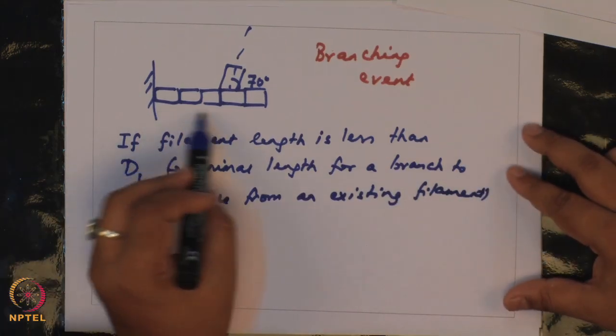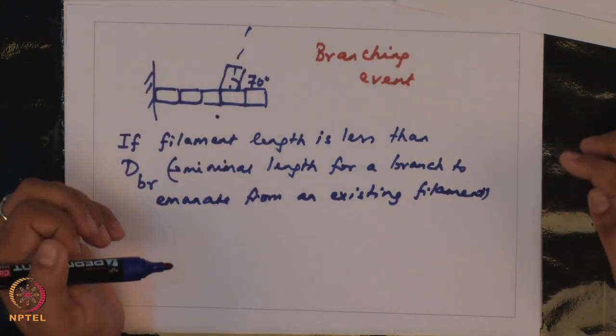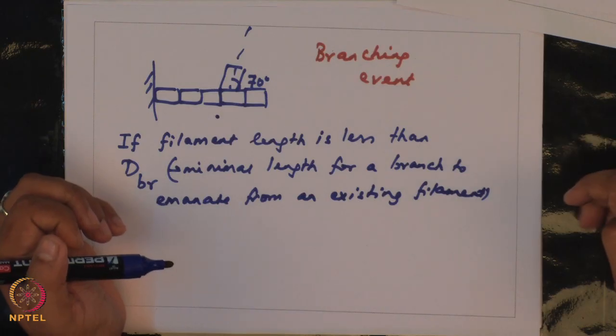So, till this filament is of length dBr, a new filament cannot branch from this existing filament.